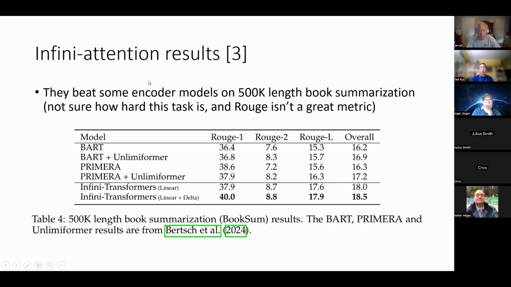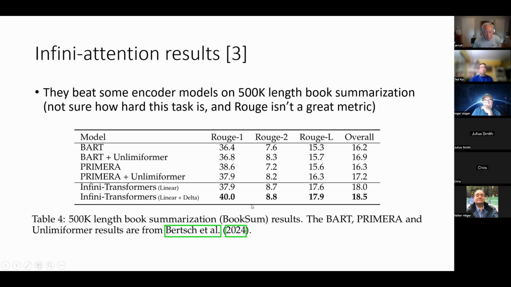So then they did book summarization. They gave it 500,000 tokens from the beginning of, you know, whatever, War and Peace, and that sort of thing. And they said, summarize this. Rouge is not a great metric, but it's kind of all we have today for summarization.